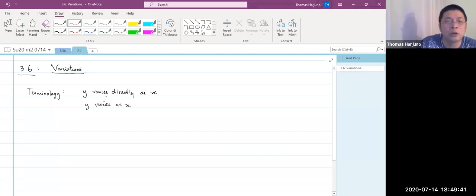The common terminology being used is varies directly, okay? But the other two, y varies as x, actually have the same meaning, or y is directly proportional to x, or simply y is proportional to x.